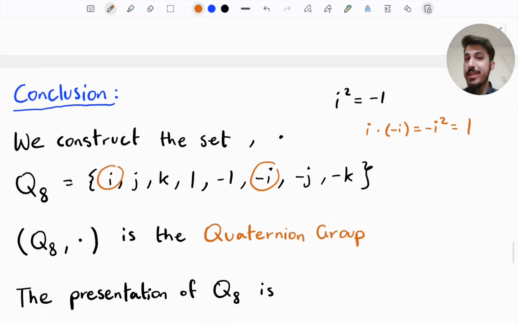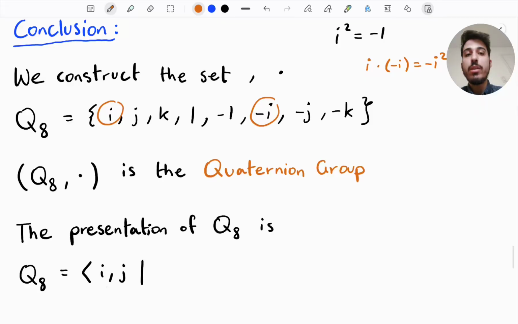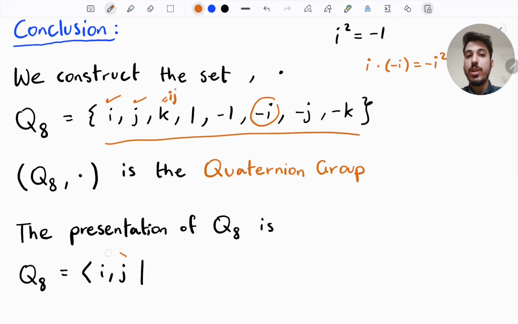So the presentation of Q8 in here is: Q8 is generated by just i and j. In other words, you can have all of the elements in the set by just combining i and j together. So i is already covered, j is already covered, k is equal to i times j, which are already covered. 1 is just i times minus i.